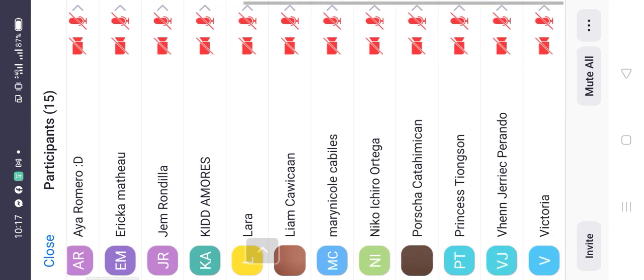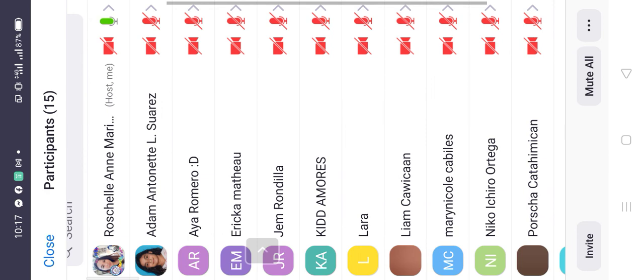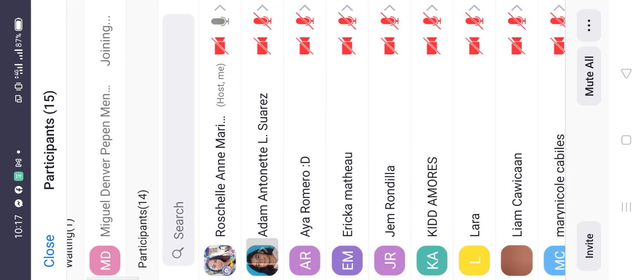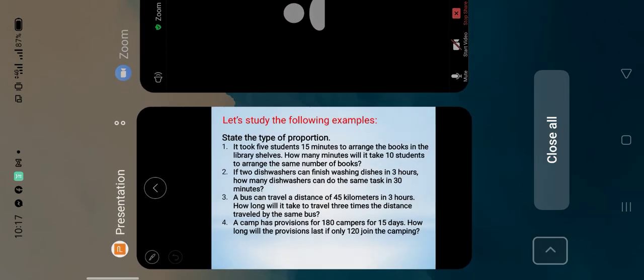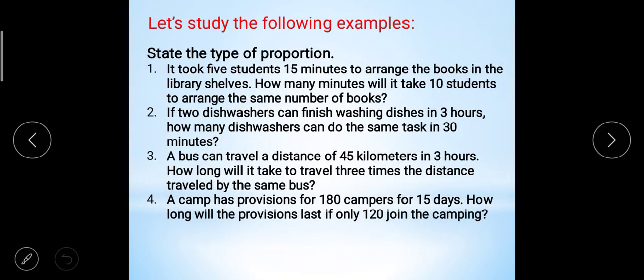Kaya pala yun. Okay, si ano na lang. Gem. Number 4, Gem. Ay, sorry, number 3.